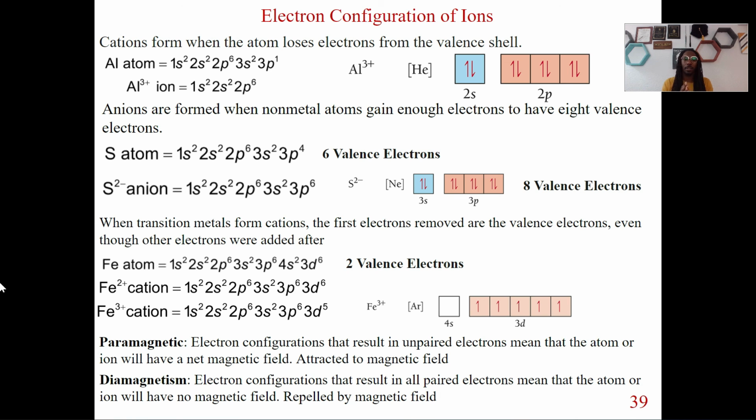Because they're paired, we're not going to experience a magnetic field, so it's actually going to be repelled by a magnetic field. We're going to go over this once again in the upcoming videos, but we're just mentioning it now, so that once you're exposed to it, you are ready to go.